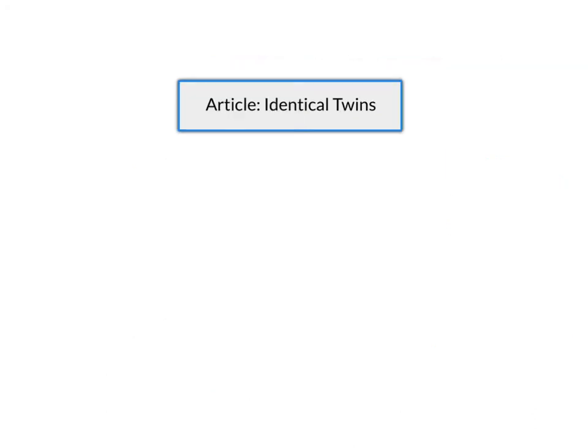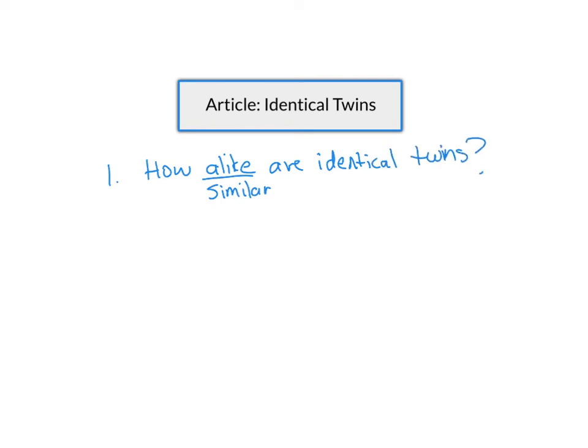So before we get started on the article, which is about identical twins, I have two questions for you to start thinking about. The first one is how alike. Alike means similar. How similar, how alike are identical twins? We know that they look alike, but what about their personality?